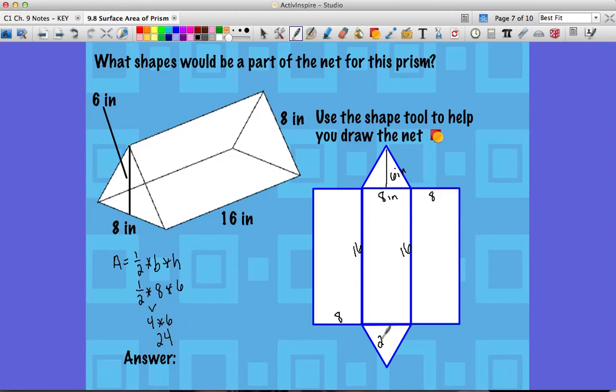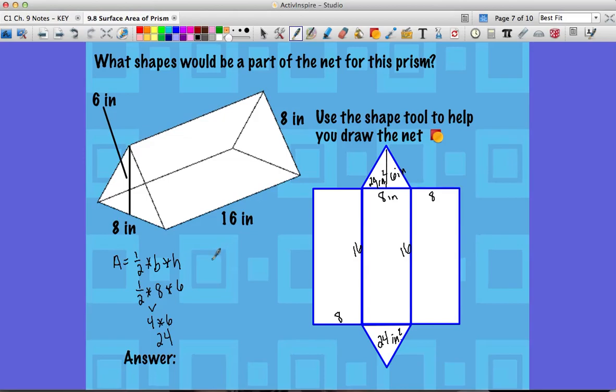So then we know that the area of both triangles, because they have to be parallel and congruent bases, is 24 inches squared and 24 inches squared. Just like we did with composite figures, it's nice to either label your work or number your drawings, or to make sure to write your area in them.